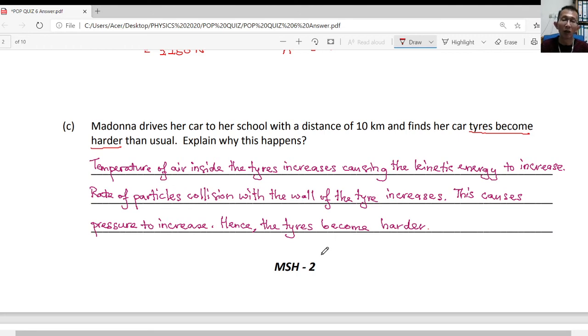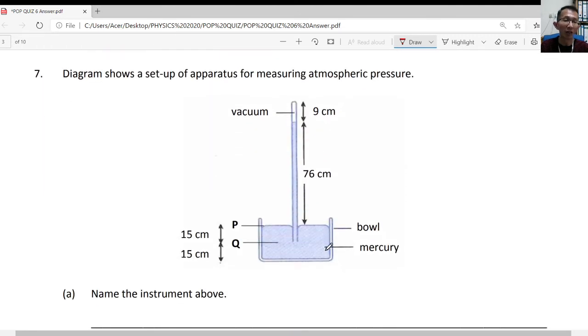All right, let's move to question number 7. The diagram shows a setup of apparatus for measuring atmospheric pressure. Okay, so up here I have vacuum. The distance here is 76 centimeter. Here is mercury. Okay, so name the instrument above. So this is used to measure atmospheric pressure.